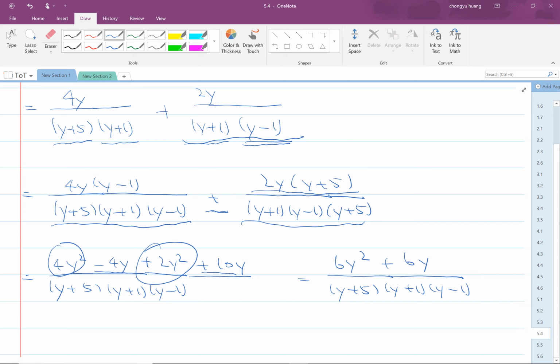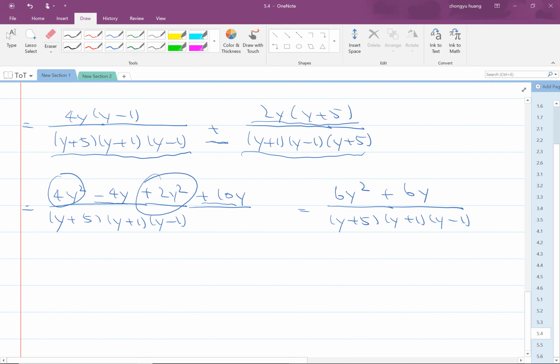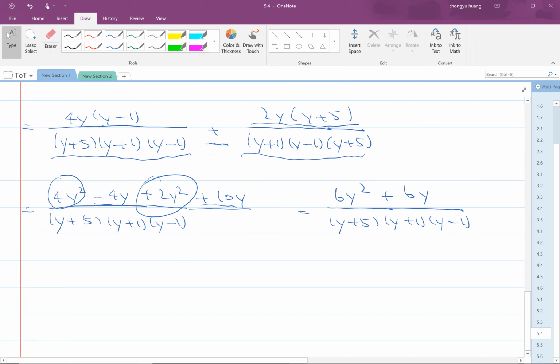Okay, so now we actually simplify a little bit more, right? Now you are thinking about, can I actually further simplify it? And the answer is yes.